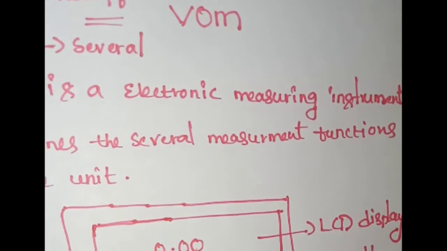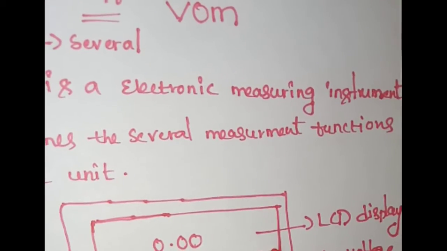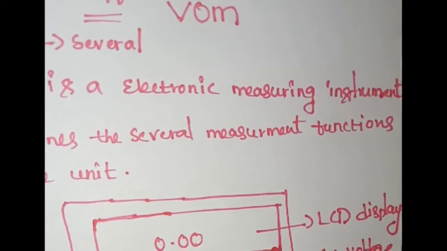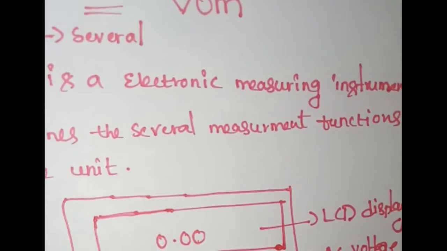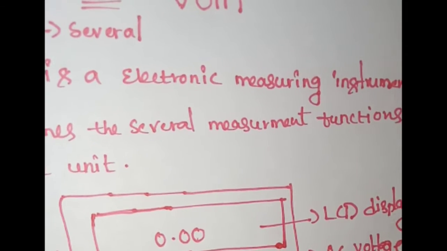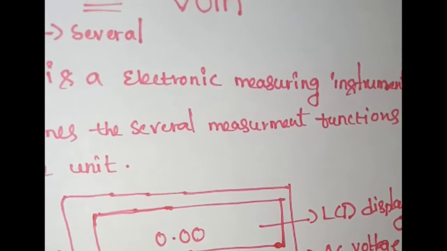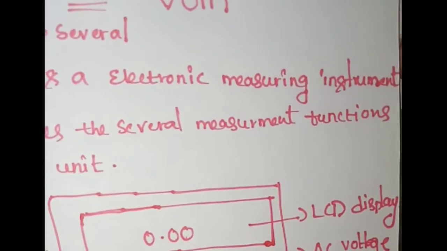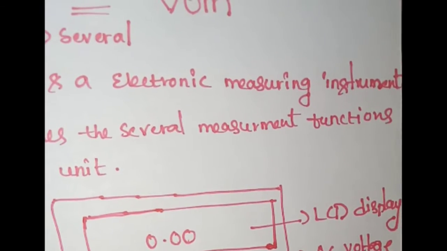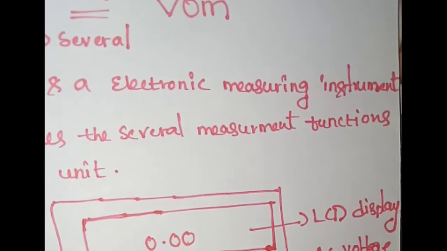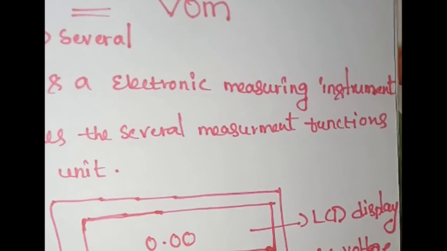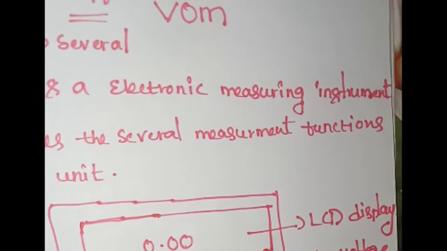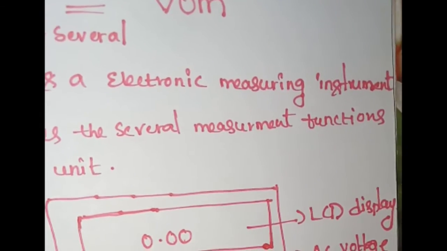In a multimeter you can see this is used for DC current, direct current, and HFE is used for diode measurement. If you want to find a transistor beta value, we can use the HFE.